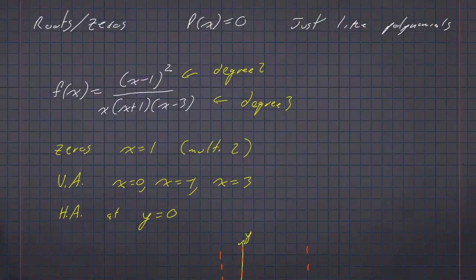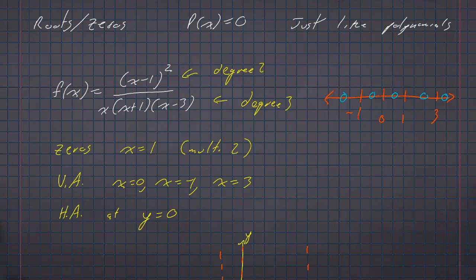So if I think about where the zeros and asymptotes happen to be, negative 1, 0, positive 1, and positive 3, I can pick a couple of points in between. And if I can figure out whether the function is positive or negative, that tells me if the graph is above or below the x-axis.